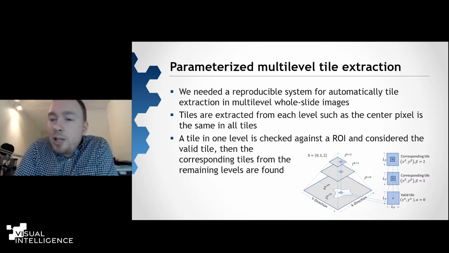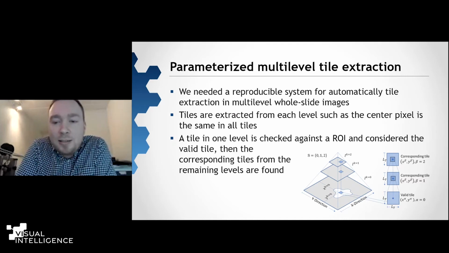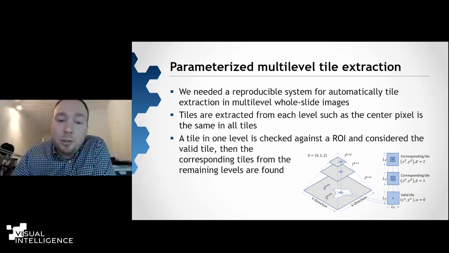Next, we have a few slides for multi-level tile extraction. So we needed a system which could automatically find and extract tiles in the whole slide images. In our method, tiles are extracted from each level, such that the center pixel is the same in all tiles, as we can see from the figure.